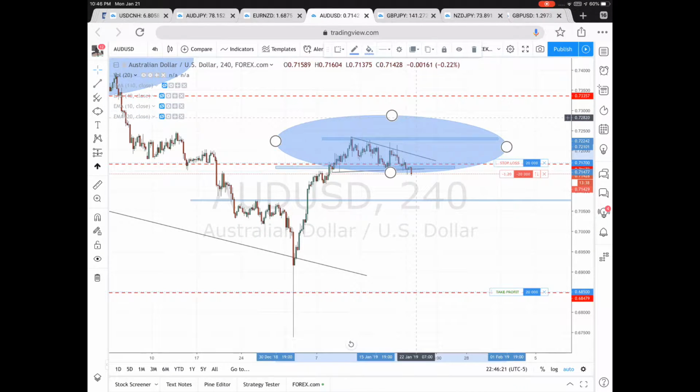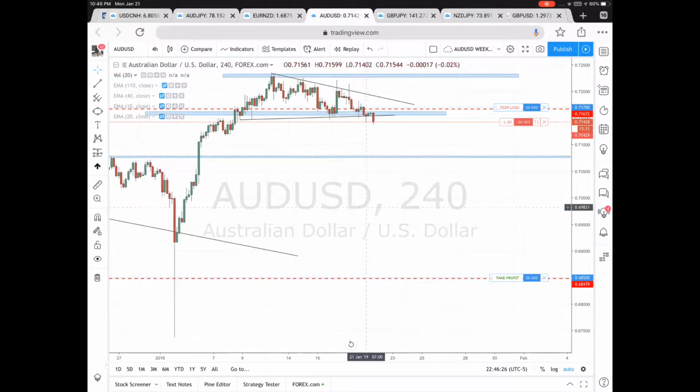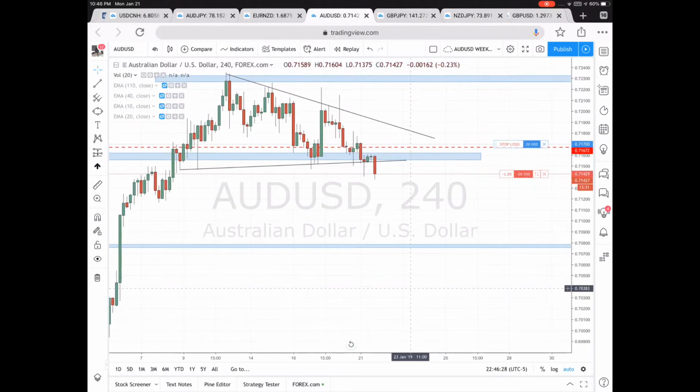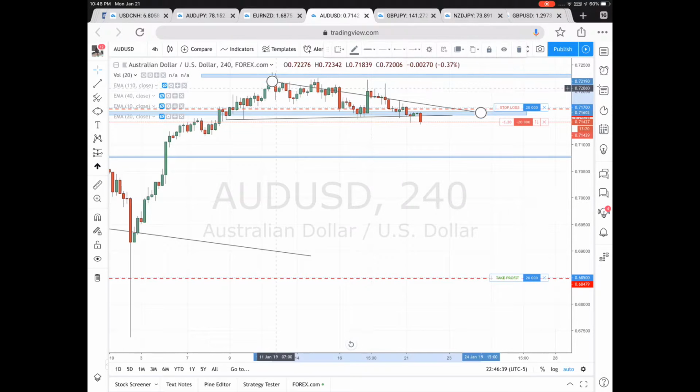The question is always, well, it's all good, you're marking up your chart, but how and why did you enter the market, right? So this is simple right here. Very simple setup, right? I had a little pennant right here. What happens with these is the market is pretty much trapping people in here.